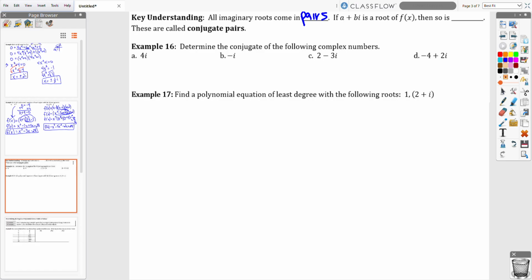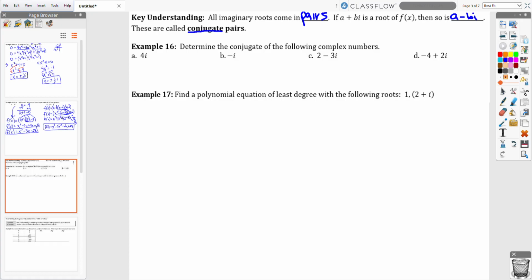So if a plus bi is a root or a solution, then a minus bi is also a root or a solution. And we do call these conjugate pairs, or we just say conjugates. So on example 16, where it says find the conjugate of each of the complex numbers, you're essentially just changing the sign in front of the imaginary part.